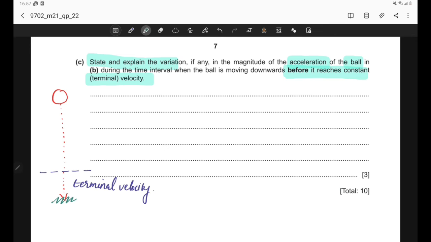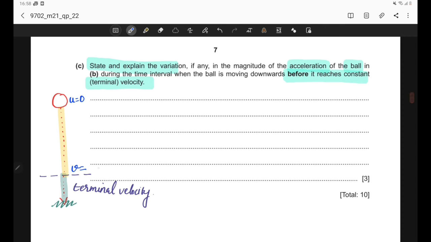After reaching the terminal velocity, the ball maintains a constant speed and the speed is not changing. But for the ball from the initial position till the position where the ball gains terminal velocity, its velocity is increasing from initial velocity 0 to its final velocity, that is, terminal velocity 16.